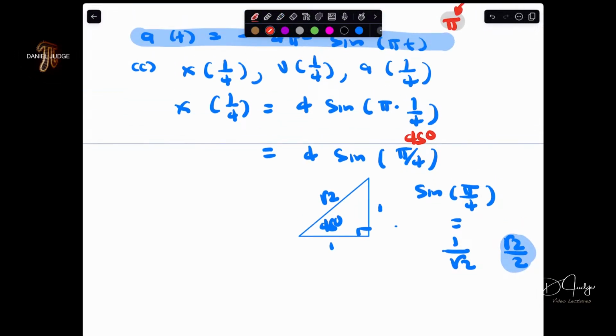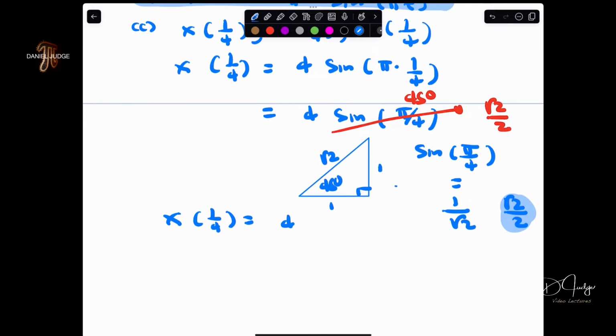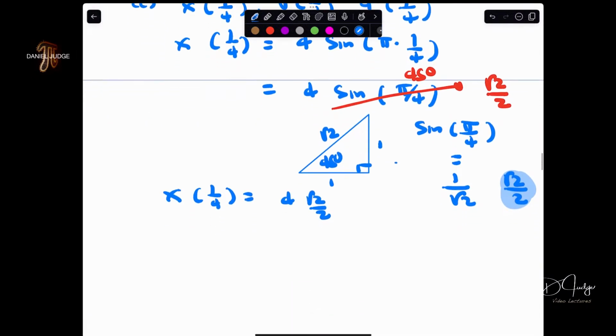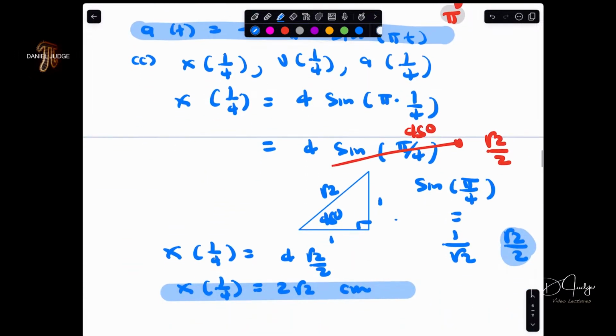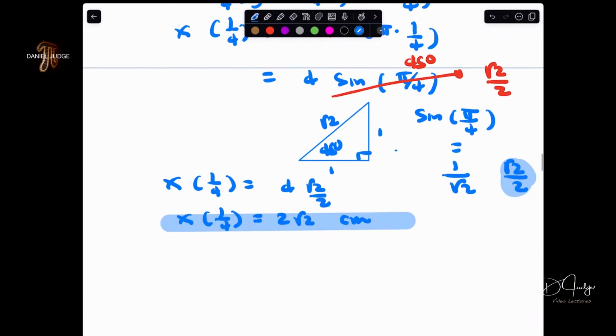So, if you take a trig course, you probably have that memorized. So we take 4 times the square root of 2 over 2, and then the position at 1/4 is 2 square root of 2, and that's in centimeters again. So, ladies and gentlemen, there you go. There's your position function. We need velocity now.